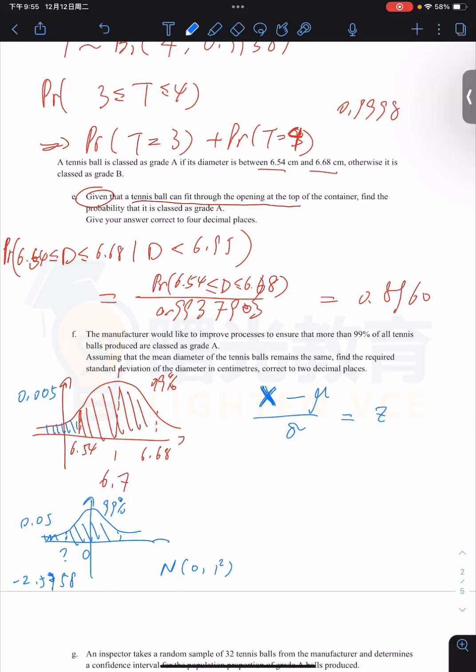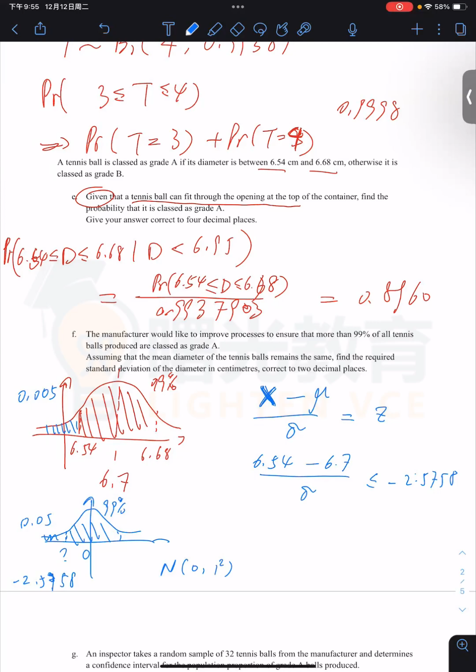In here, the normal distribution score will be 6.54, and minus the corresponding mean, that's 6.7, out of the standard deviation, and that has to be less or equal to the negative 2.5758, because we need the middle area more than 99%.